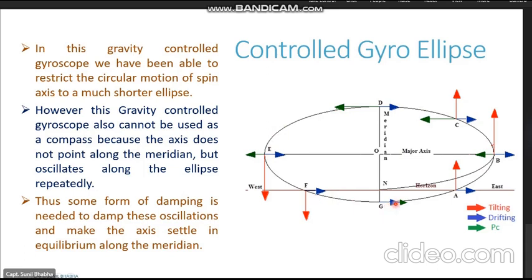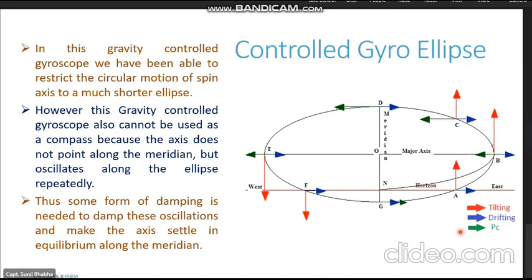The spin axis has attained this stability because of the combination of these three forces. The tilting, drifting, and control precession are balanced in such a way that if you try to disturb the spin axis at any point on this ellipse, sooner or later it is going to come back. As soon as you leave it, it is going to come back to this elliptical motion.